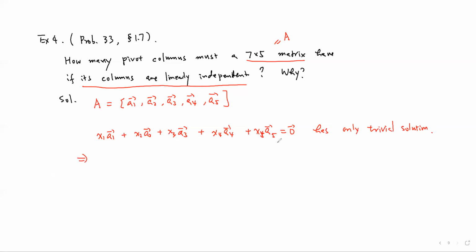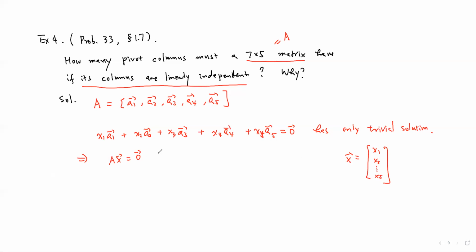Actually, this vector equation is AX equals 0, right? The left side is A times X, where X is the unknown vector. So this vector equation has only the trivial solution.